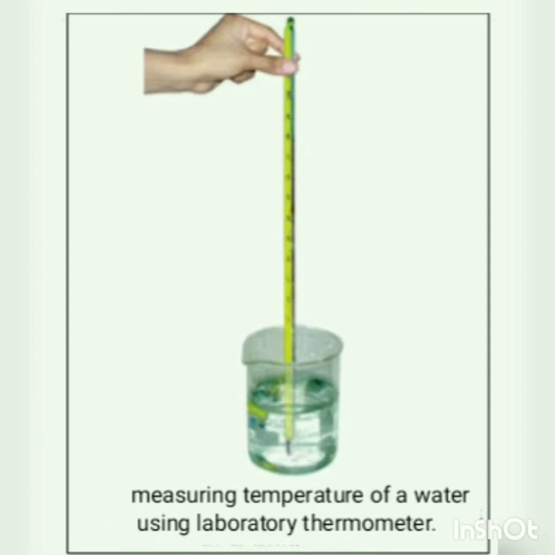As it does not have a kink, the mercury level falls back into the bulb as soon as the laboratory thermometer is taken out of the hot water or any other substance. Hence, it is clear that the temperature of hot water or any other substance must be read while the laboratory thermometer is in the hot water or any other substance.